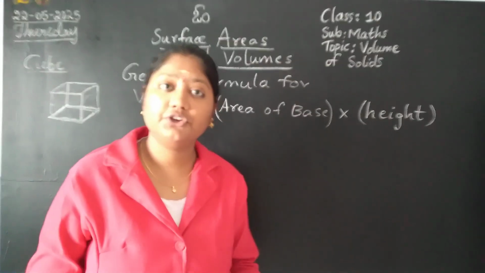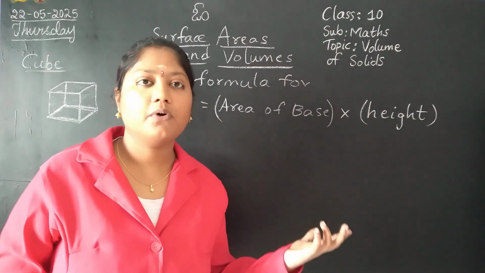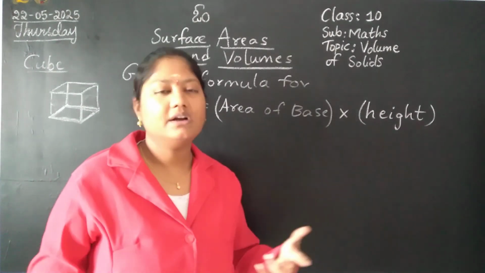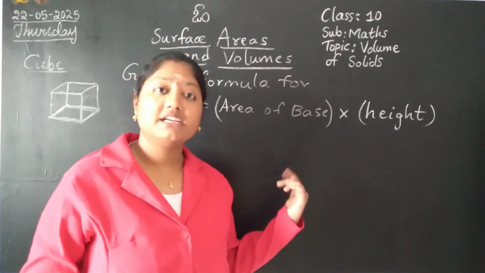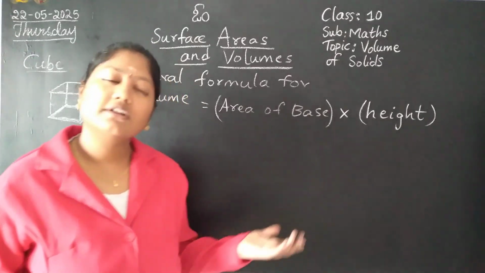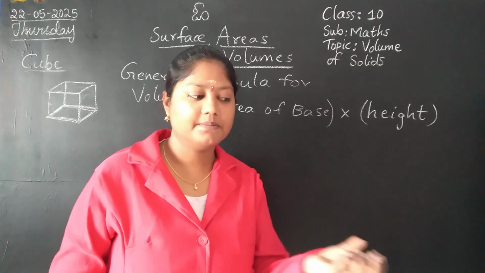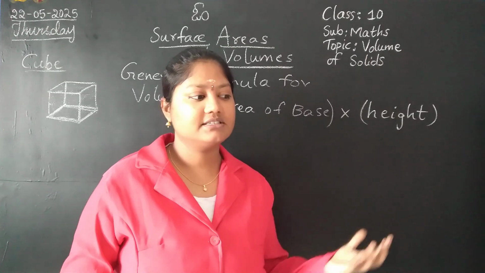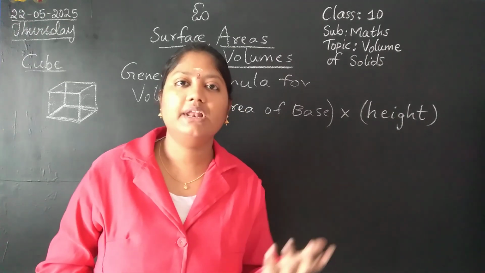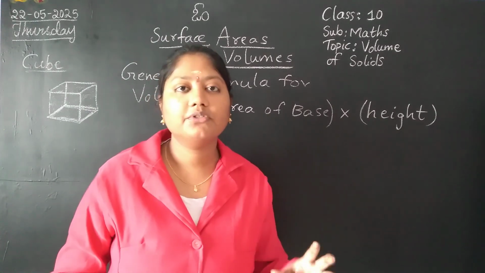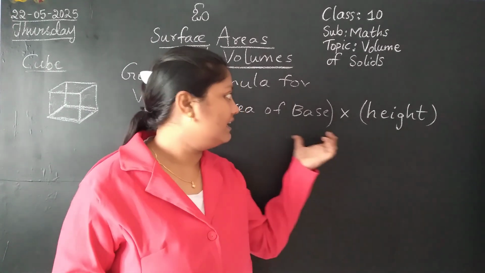If you take a cuboid, the shape of its base can be a rectangle or sometimes a square. Next, if you take a cylinder, the base will be in the shape of a circle. And if you take a cone, the cone also has a base in the form of a circle. So depending upon the shape, the base area will change.